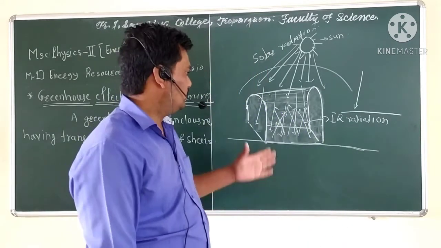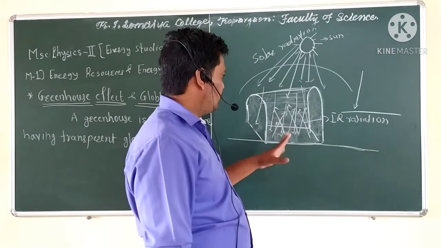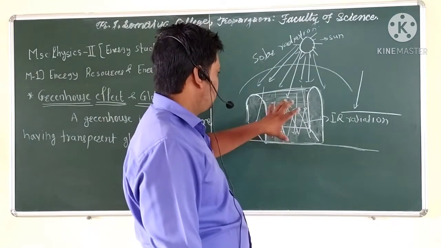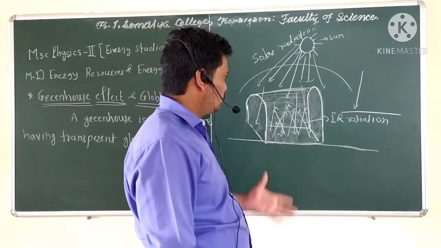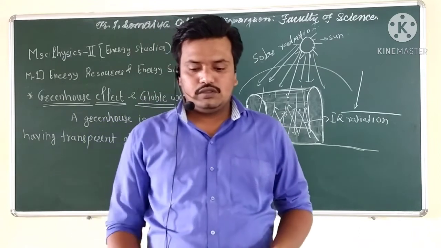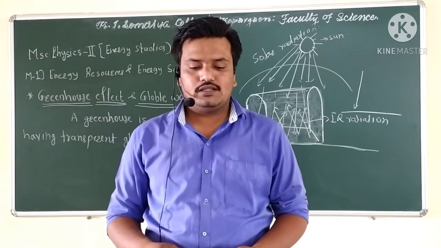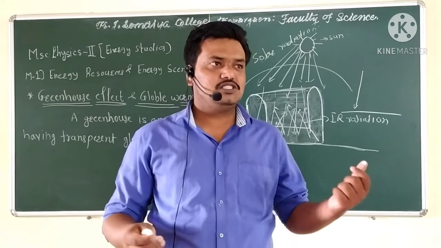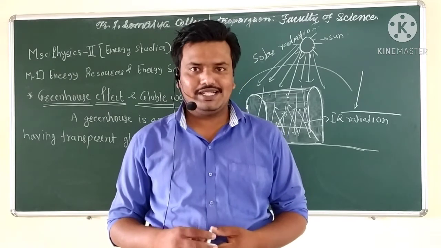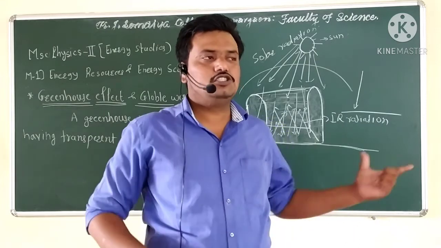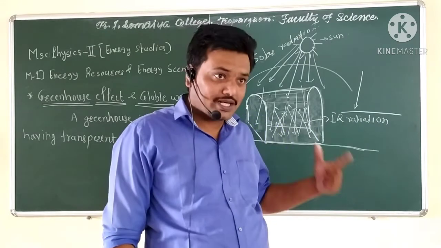So a warm climate is created in the greenhouse, which is useful for growing crops, especially in places where the climate is very cold. So this is the rough structure of the greenhouse only, not the greenhouse effect.